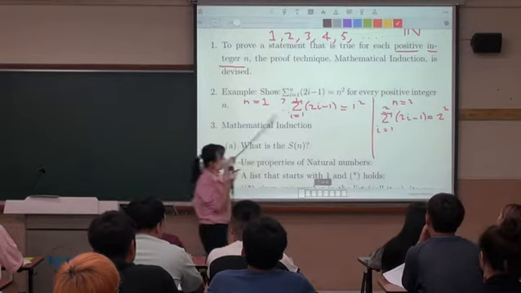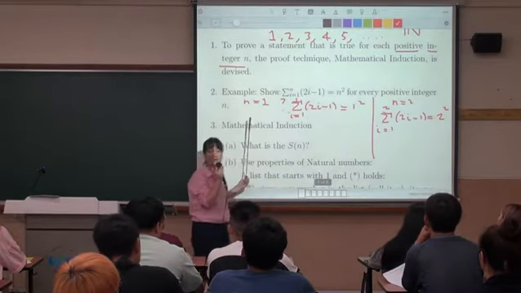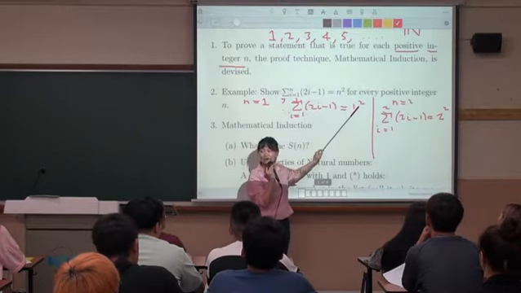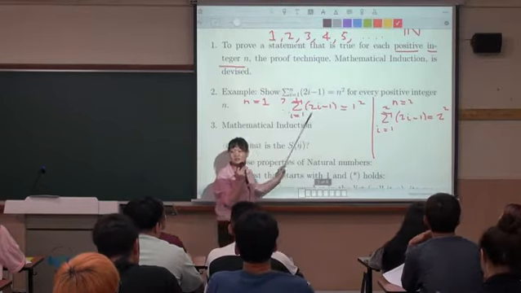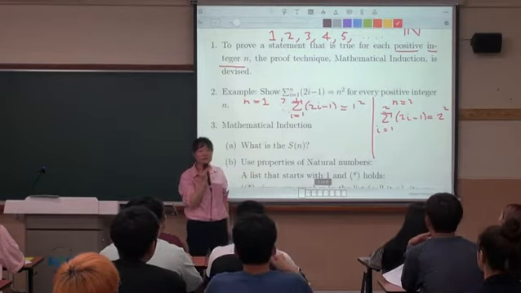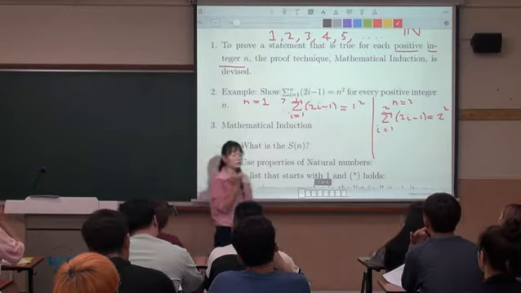But we have to do this how many times? Infinitely many times. Why? Because we have to show this for every positive integer. Is it possible? That's impossible. So how do we know whether this is true? Right?